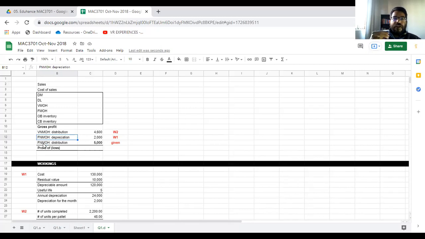Below gross profit, you will have variable non-manufacturing costs and fixed non-manufacturing costs. That's why I'm just showing it like this. But all you could do in this scenario is simply say variable distribution, fixed distribution, depreciation. Okay, you just have to write it like that. I'm just including these capital letters so that you can understand the logic of the income statement using the absorption costing method. So just take note of that.